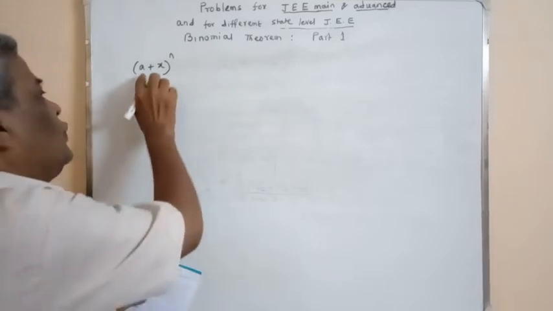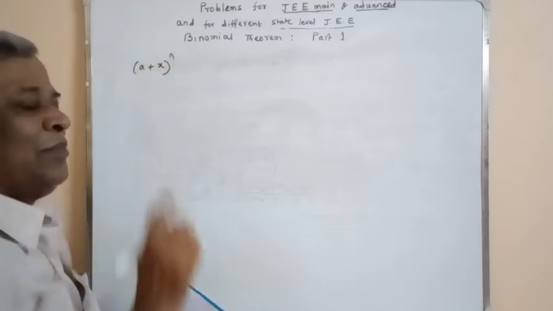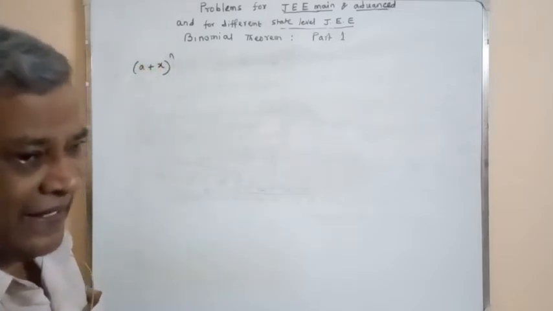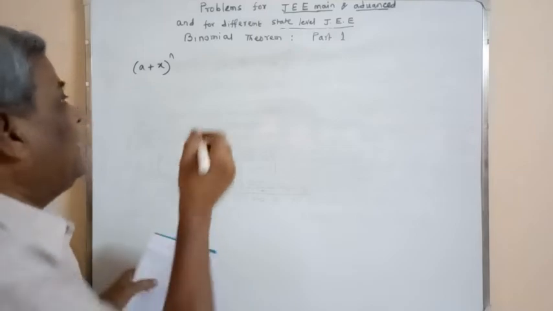Binomial, bi means two terms, to the power of some integer n. Here n is an integer.